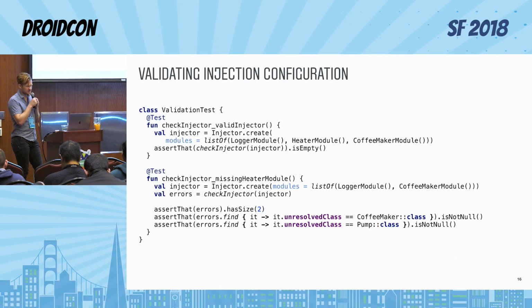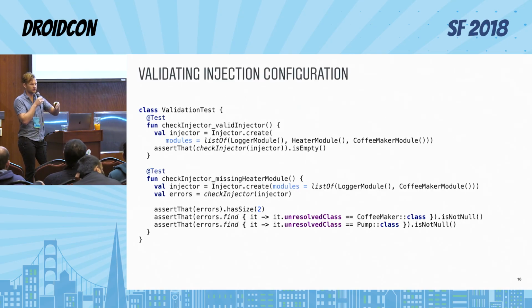So in this example, first I have a correct configuration for our coffee maker, so we don't have any errors. And in the second test, I removed the heater module from the configuration, so we no longer can resolve the coffee maker or the pump class.